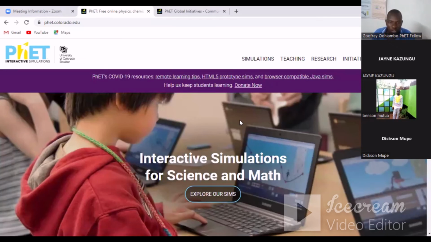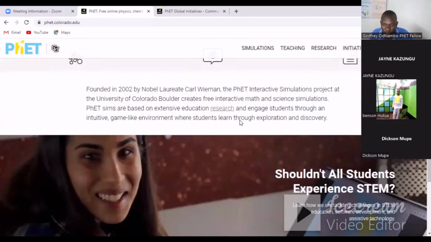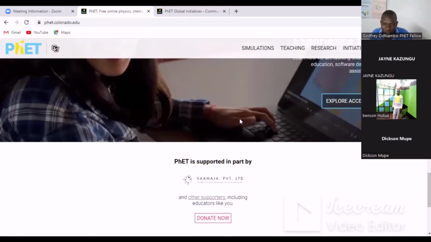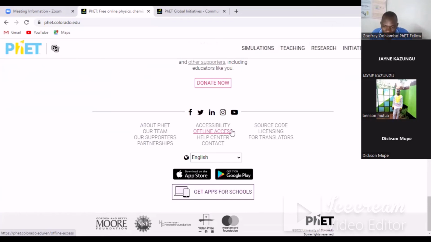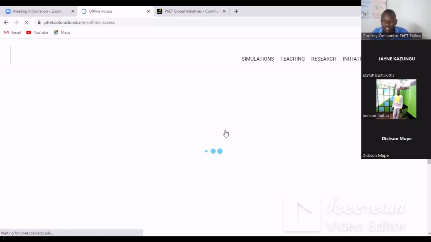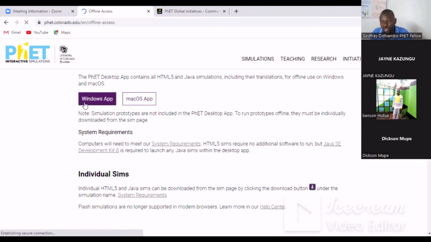Now from the website, you can go down. Then there is this. Are you seeing it? Offline access. You click this one. Then it will come to this Windows app.